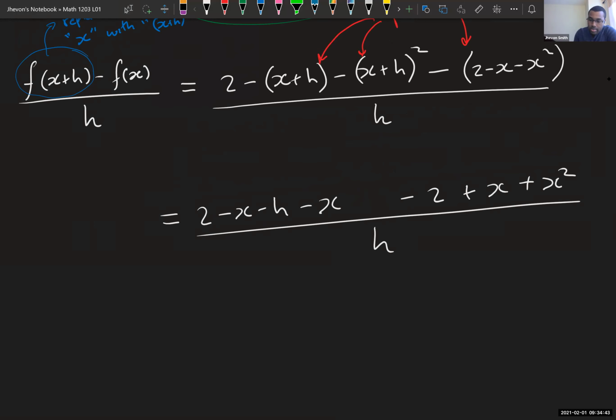So that was incorrect. So what we should have done was x squared plus 2xh. So this is one of those things. Should I leave this here? Because I don't want you guys to forget what I'm saying.